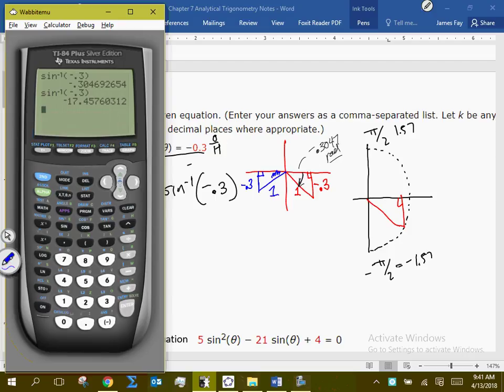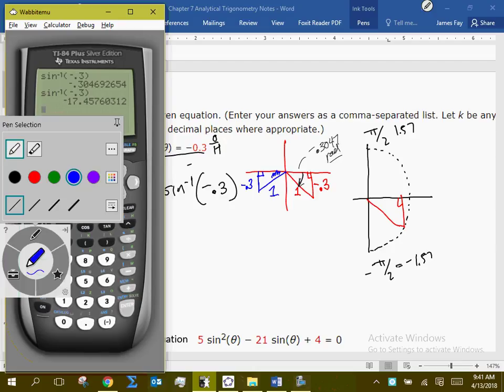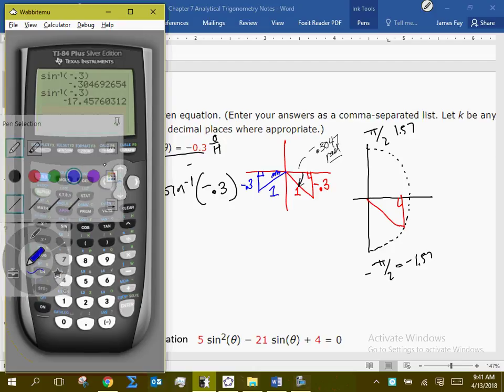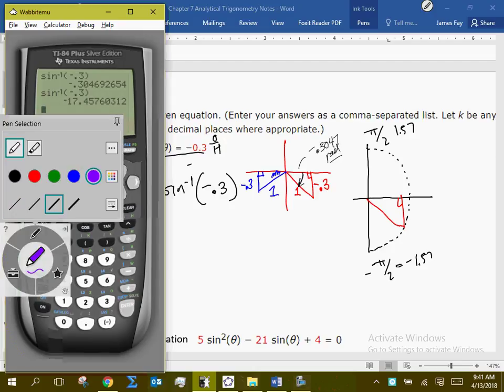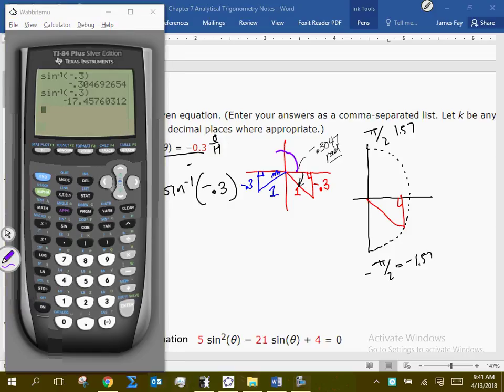We're talking now as that angle. Instead of that little black angle moving in the negative direction, we're now talking about this purple angle moving that way.